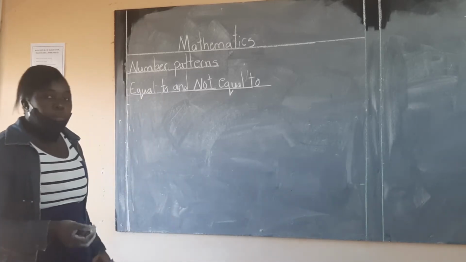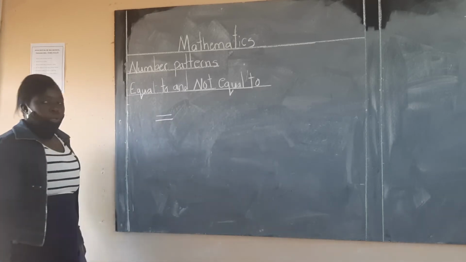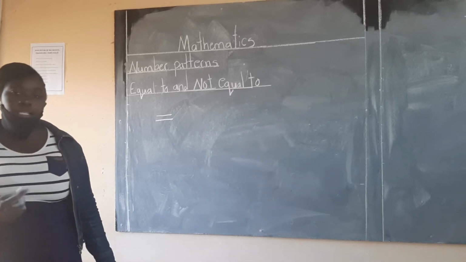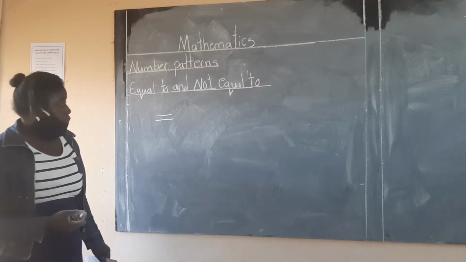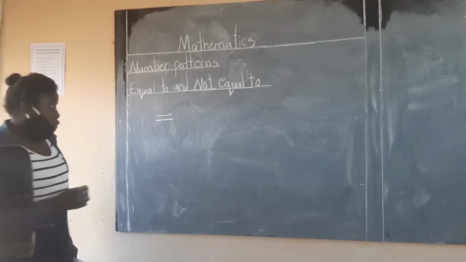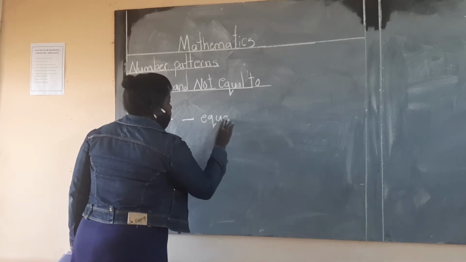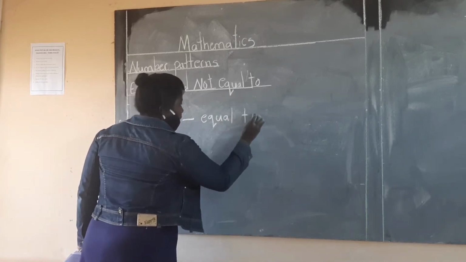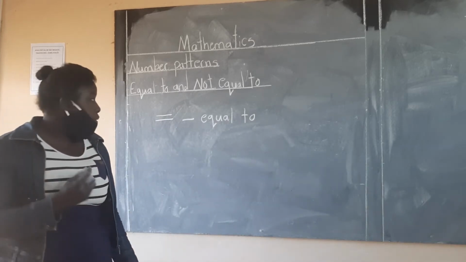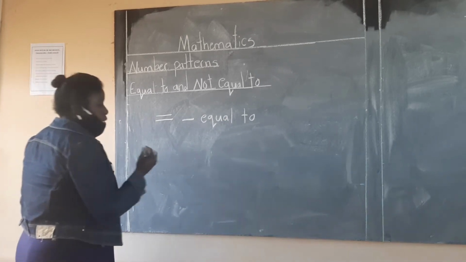So the first symbol that I'm going to write is this symbol. Can someone tell me what this symbol represents? What does it stand for? Okay, so this symbol represents equal to. When you find such a symbol in mathematics, it stands for equal to. The second symbol is this one.